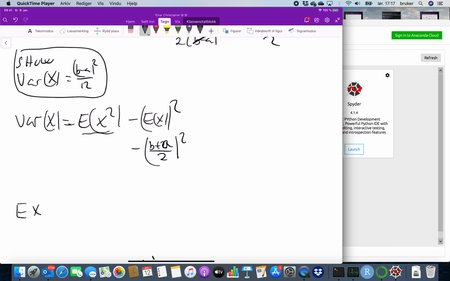So expectation of x in the power of 2 is like the integral from a to b, x in the power of 2 times 1 divided on b minus a dx, which is equal, the constant 1 divided on b minus a just stands there, times 1/3 x in the power of 3, b and a.